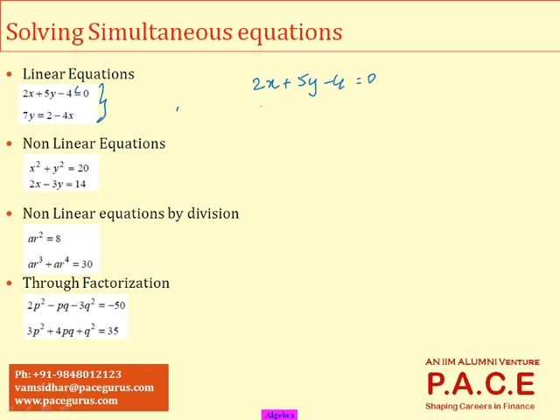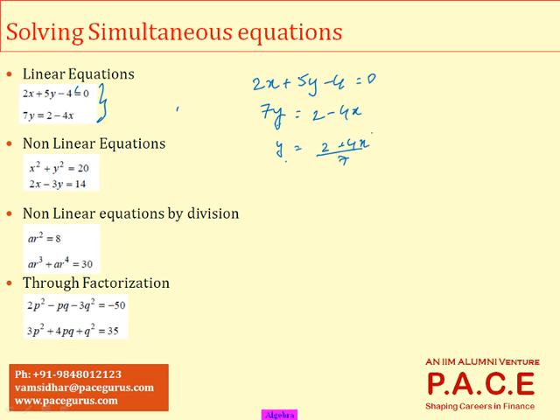I need to find the values of x and y. The simple process: first write one variable in terms of the other. Here, let's say y equal to 2 minus 4x by 7.